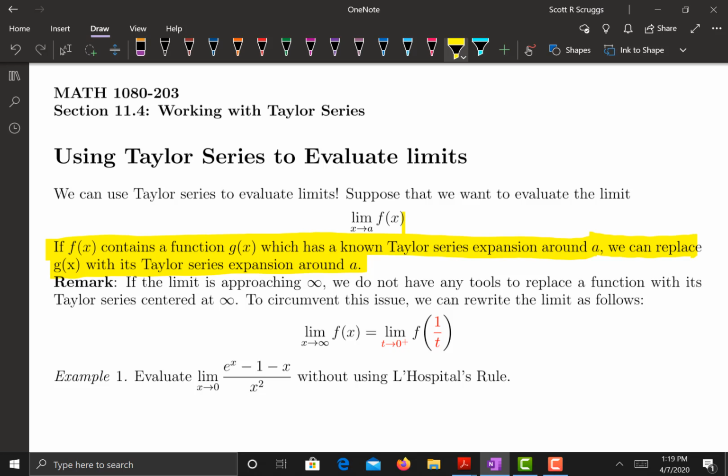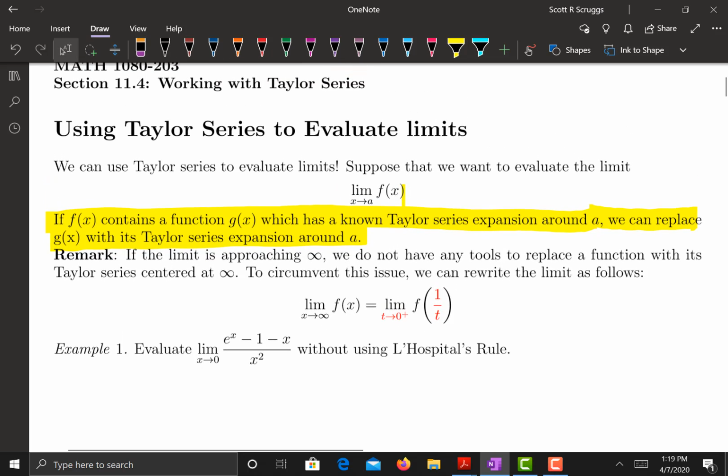One remark that I do want to make about this technicality is, let's say the limit was approaching infinity. If it was approaching infinity, then I don't really have anything to replace with, since we never talked about a Taylor series centered at infinity.